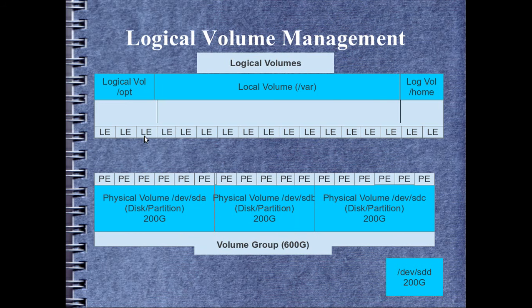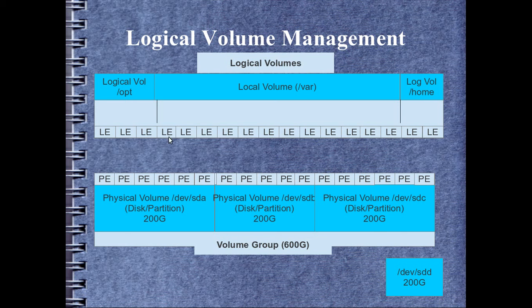Striped means the first physical extent that I use is this one, and then this one is used. If I'm creating a logical volume with three logical extents, the first is going to map with this one, the second is going to map with this one, and the third is going to map with the first one of the third physical volume.